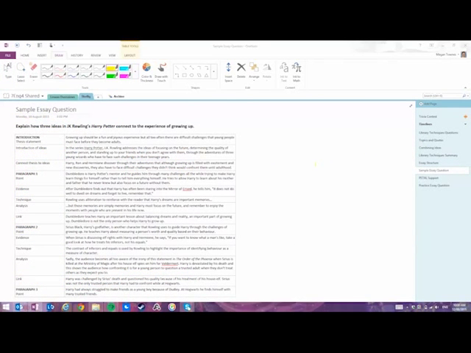Okay, to understand the essay structure, it's always good to look at a sample essay. So rather than use Skellig, I have focused on J.K. Rowling's Harry Potter series, so a series that most people would know even if they haven't read the books, and concentrating on a question that's very similar to one that we have looked at in regards to Skellig. So the essay question is, explain how 3 ideas in J.K. Rowling's Harry Potter connect to the experience of growing up.